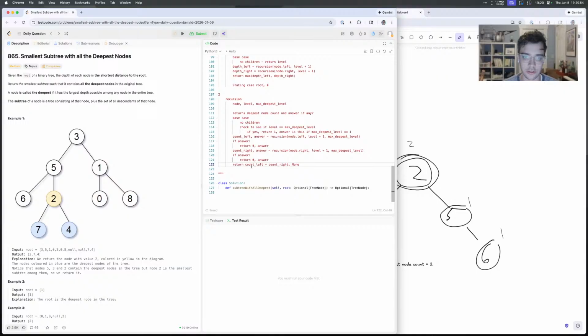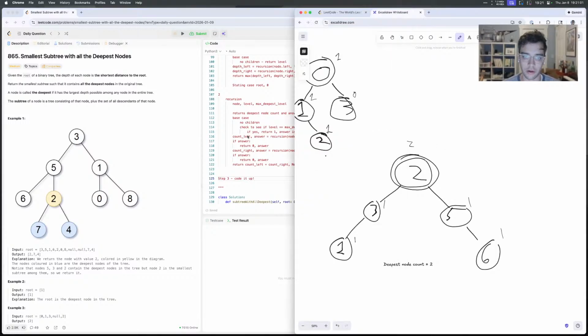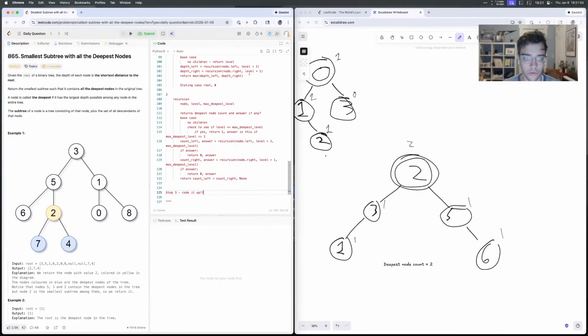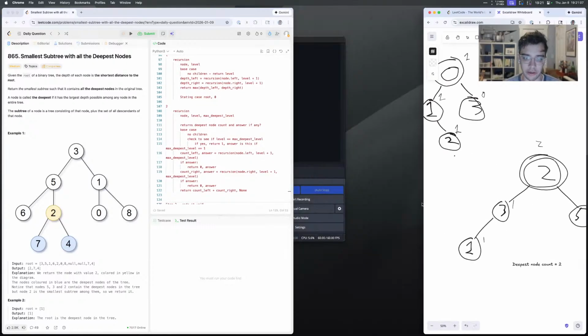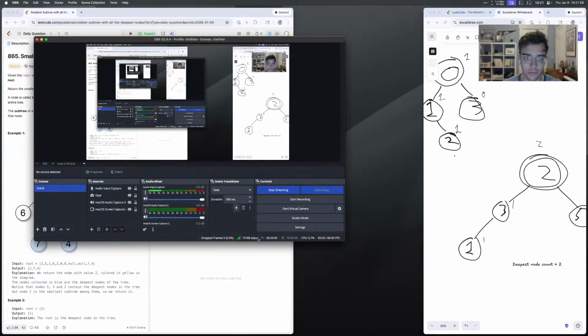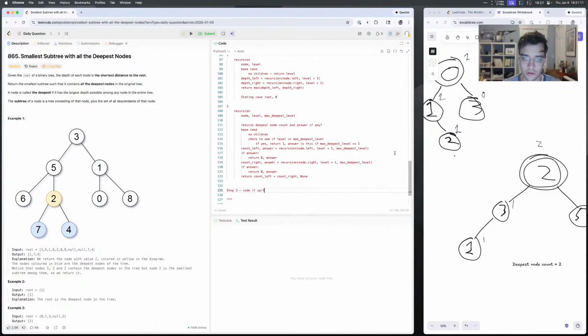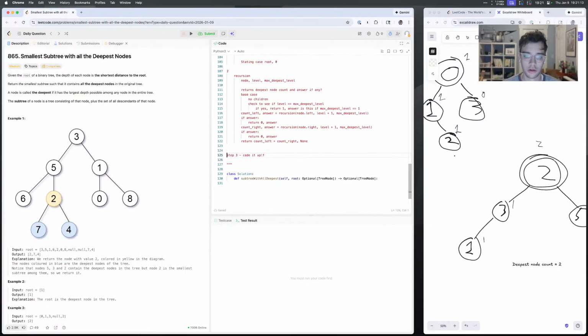I think I'm ready to move on to step three: code it up. Yeah, I think I'm ready.